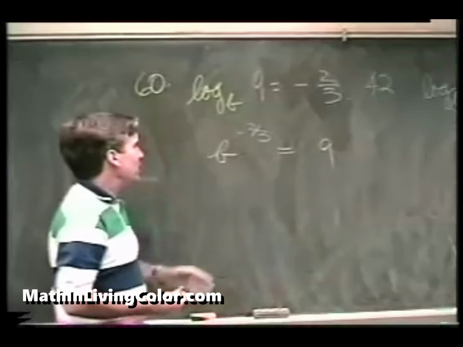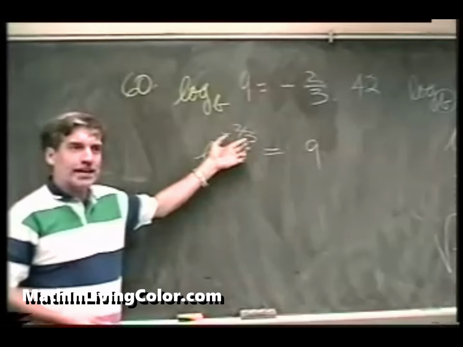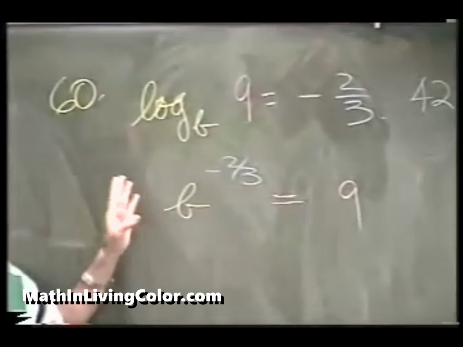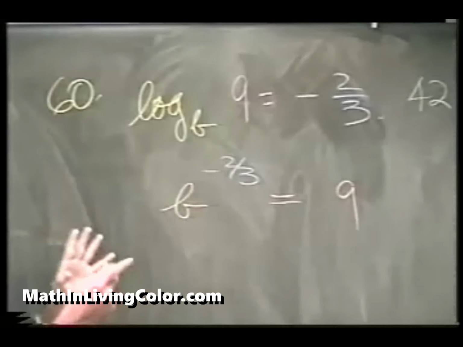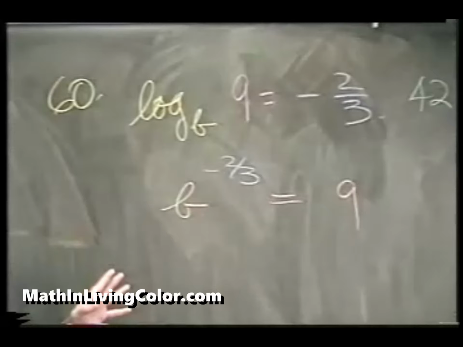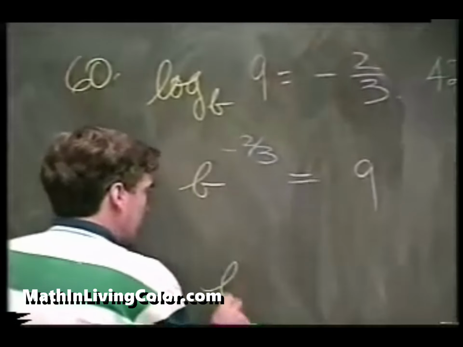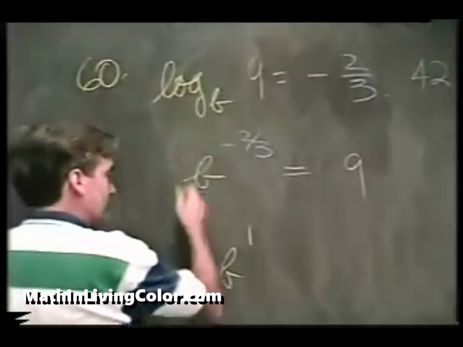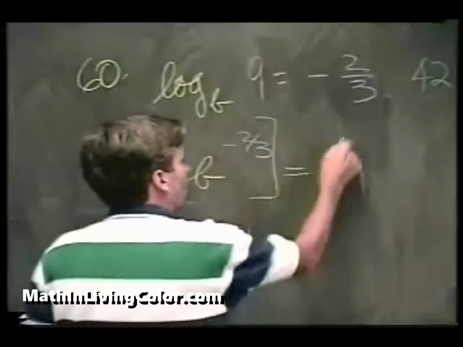Now you've got b raised to some power here, and we really want to get b raised to the first power, don't we? Wouldn't that be a nice goal to have? If we get b to the first power, we know we've got something. So in order to end up with b to the first power, what I'd like to do is raise both sides of the equation to some power.